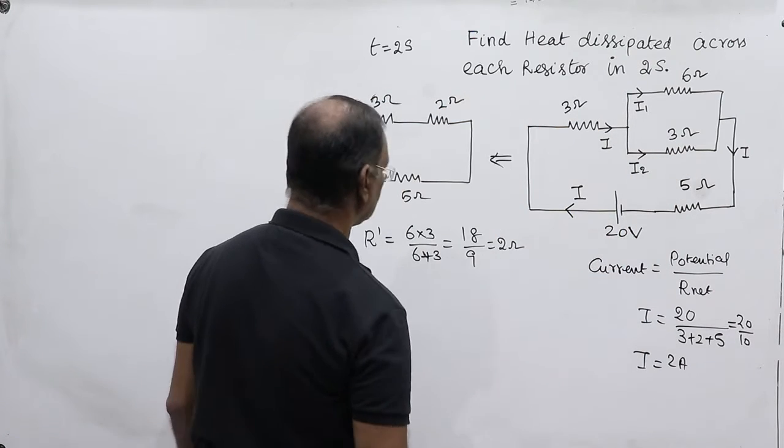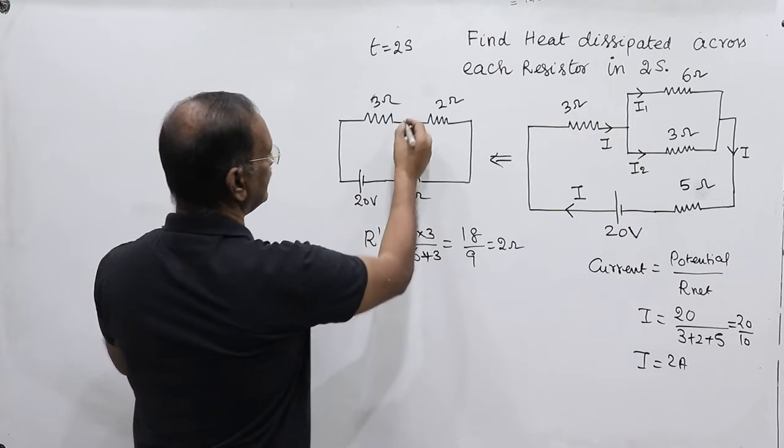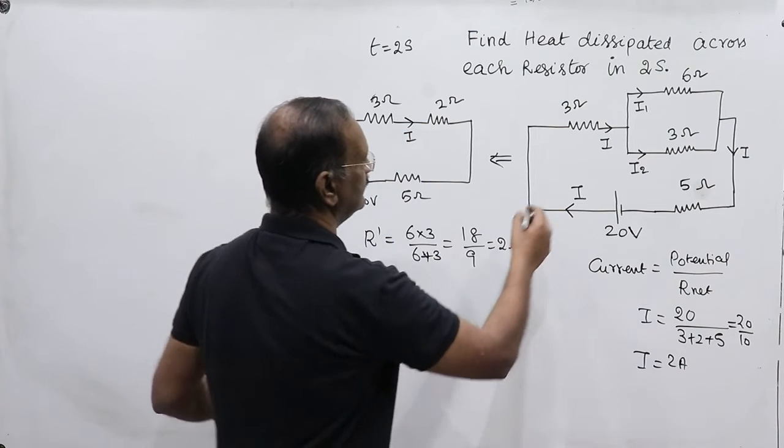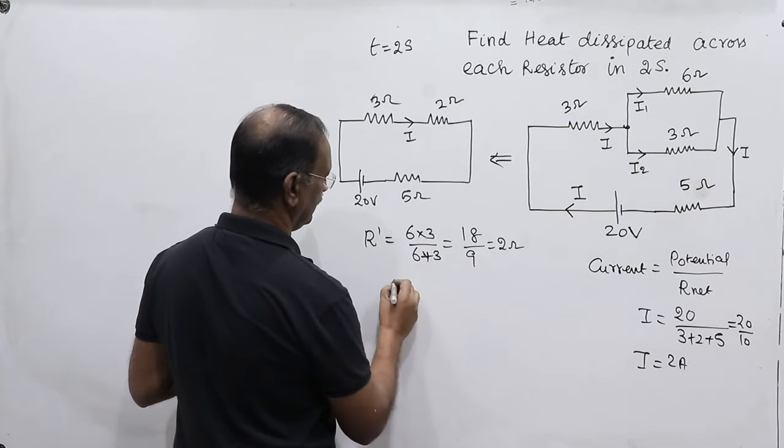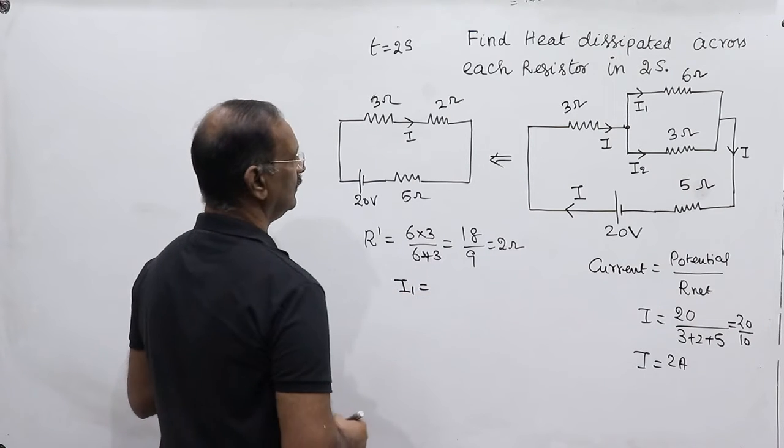It gets divided here. So here also I is flowing, and at this point it gets divided. So we have to find out I1. What is I1?